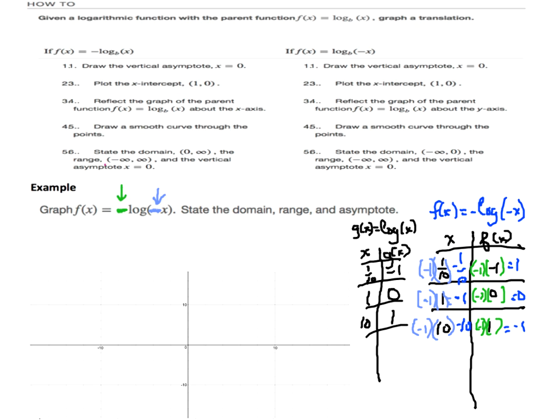All right, so we should expect our function to end up in the, okay, so let's see. If our parent looks something like this, if I reflect over the x-axis, it's going to look like this.